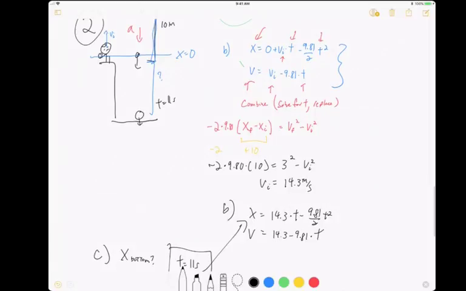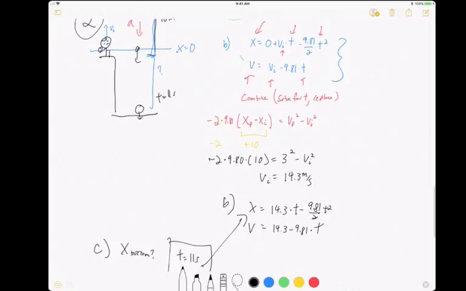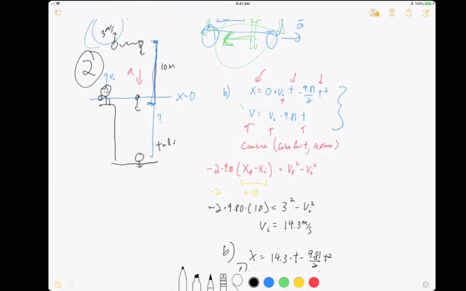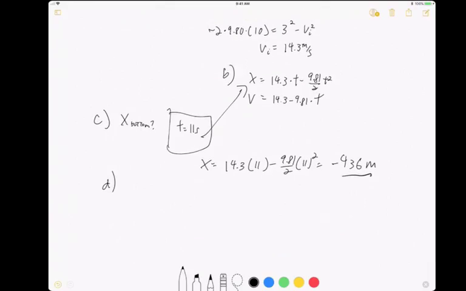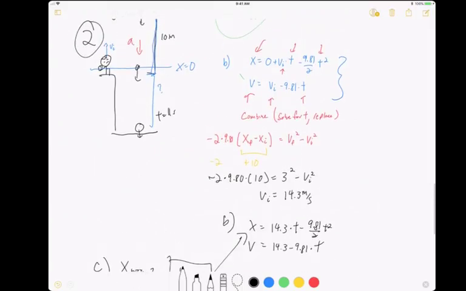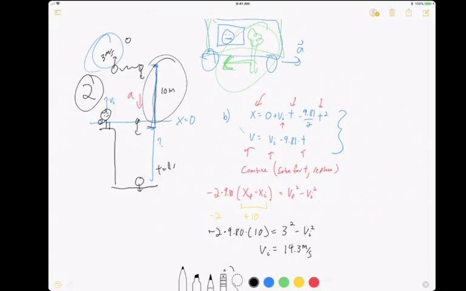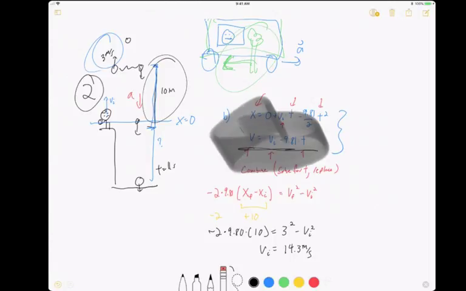What time does the apple pass the bird going upwards? Well, I know that it passes the bird going at 3 meters per second. So I could use the fact that I know the position of the bird, and I now know all the terms in these equations. I could use this equation to crack it, but instead I'm going to use this.